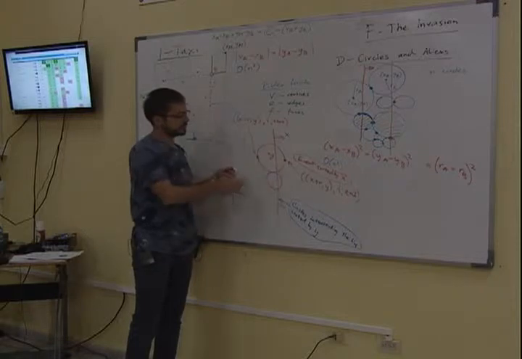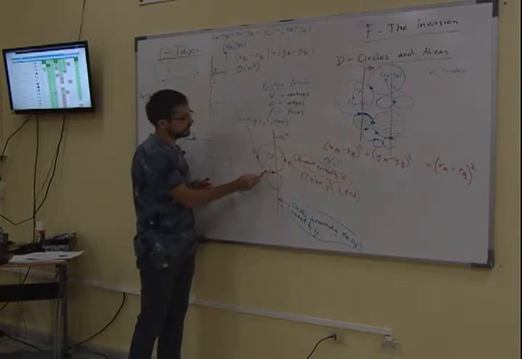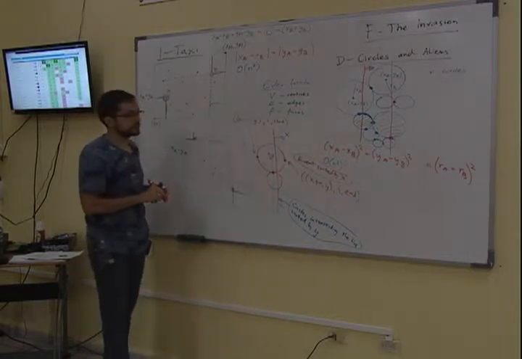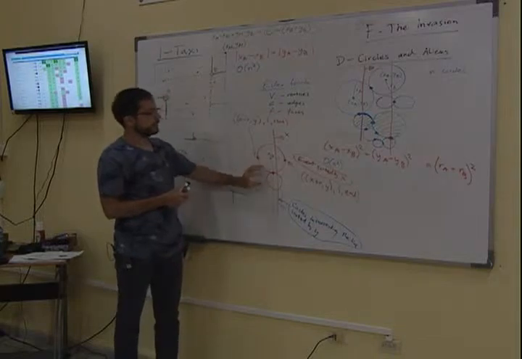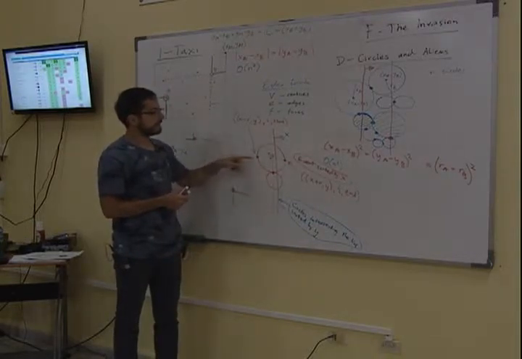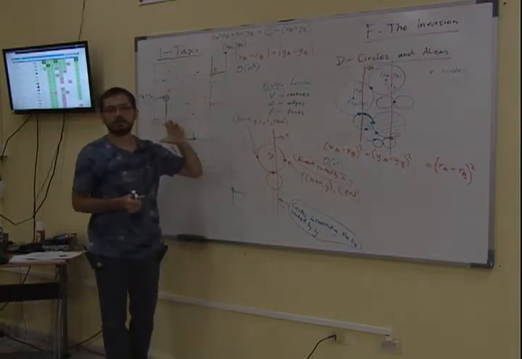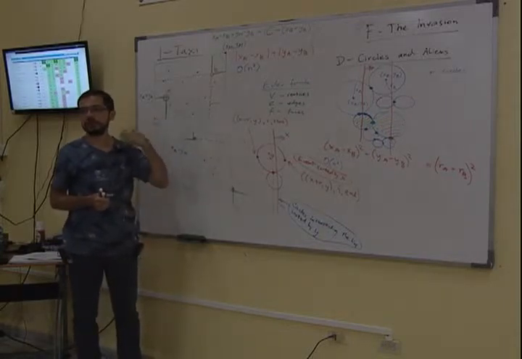For instance, if here is the point of intersection, it probably won't stop here, but it doesn't matter, because these events are the only places in which we can remove a circle or add a circle.